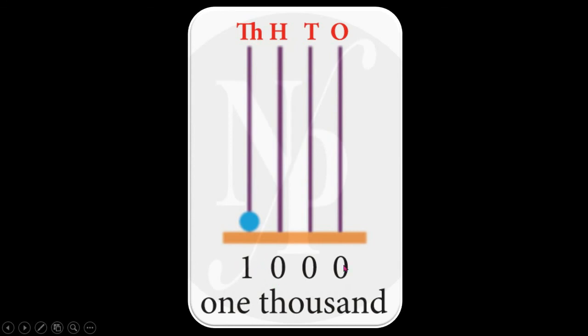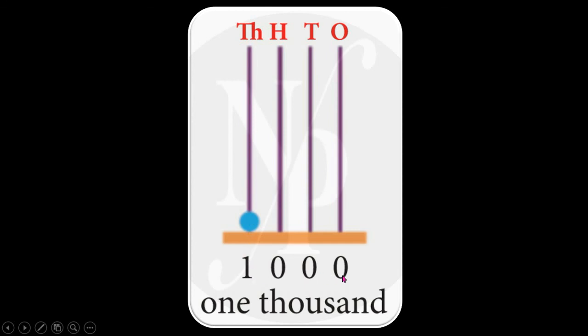So 1000 is represented using 4 rods of an abacus. 1000 is the smallest 4-digit number. To represent 1000, we need 4 rods of an abacus and there will be 1 bead on thousands place rod.